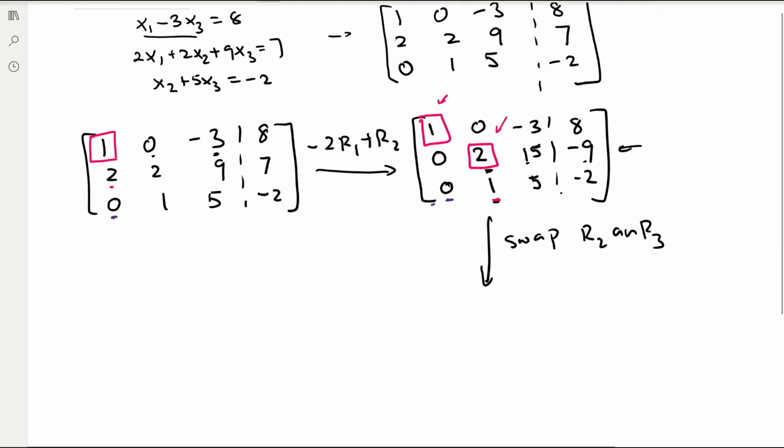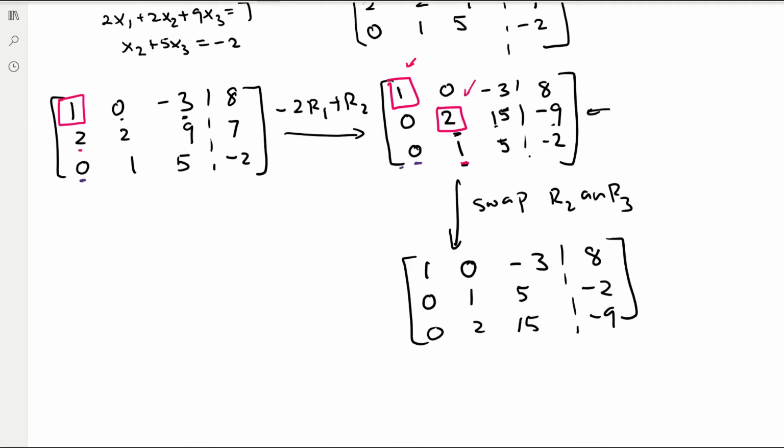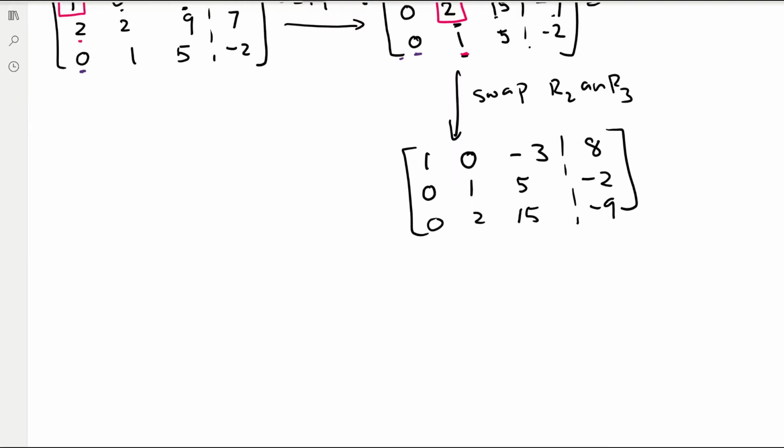I'll show you why. Okay, so remember, swapping rows is something that is allowed as a row operation. 1, 0, negative 3, 8. I'm going to swap row 3 and row 2. 0, 1, 5, negative 2, 0, 2, 15, negative 9. Now, why did I do that? Well, now you can see I don't need any division. That's the key.